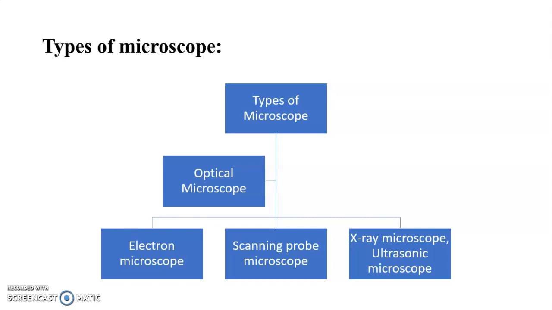Then we will see its working. In working, a stream of electrons is formed in a high vacuum by the electron gun. These primary electrons are accelerated towards the specimen by the anode. The accelerated primary electrons are made incident on the specimen through the condenser lens coil and scanning coil.